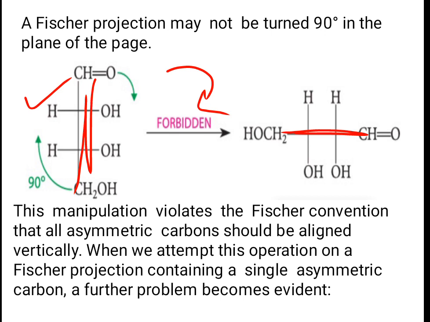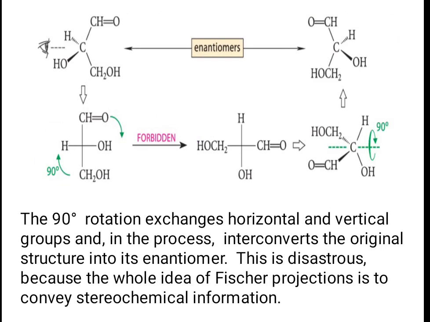When we attempt this operation on a Fischer projection containing a single asymmetric carbon, a further problem becomes evident. Now here we have a single asymmetric carbon. Now if we rotate this Fischer projection 90 degrees on the plane of the page, then you will actually get an enantiomer of the first molecule.